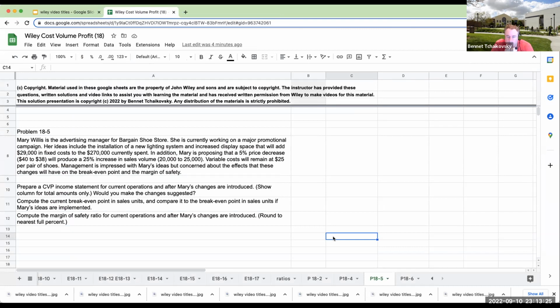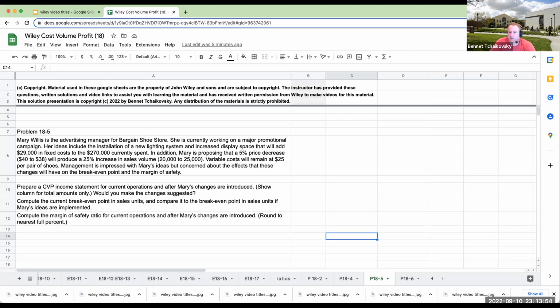Additionally, Mary is proposing that a 5% price decrease, from $40 to $38, will produce a 25% increase in sales volume. Variable costs will remain at $25 per pair of shoes. Management is impressed with her ideas, but concerned about the effects that these changes will have on the break-even point and the margin of safety. So prepare a CVP for the current operations, and after Mary's suggestions are introduced, show the column for total amounts only, and what changes we suggest.